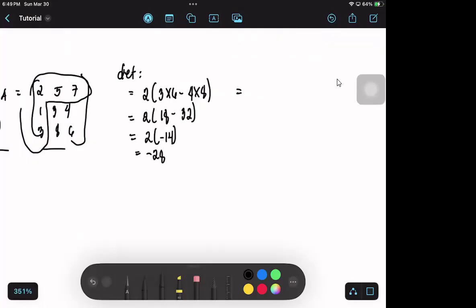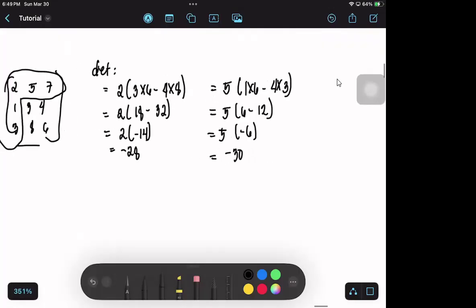The next one will be the determinant for 5: 1 times 6 minus 4 times 3. 6 minus 12 will become negative 6, and negative 6 times 5 will become negative 30.